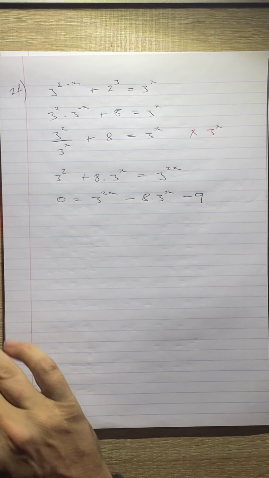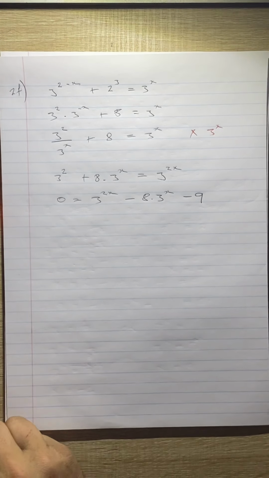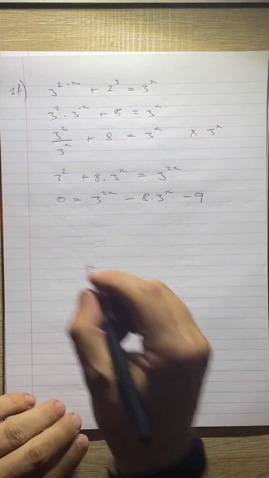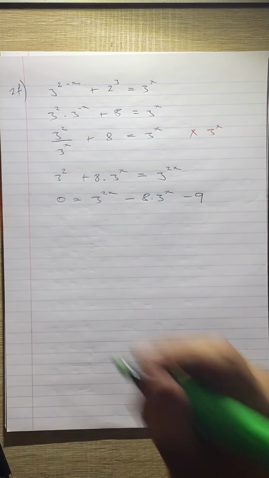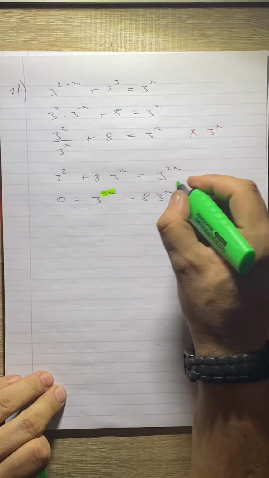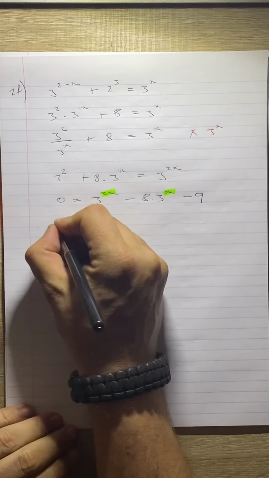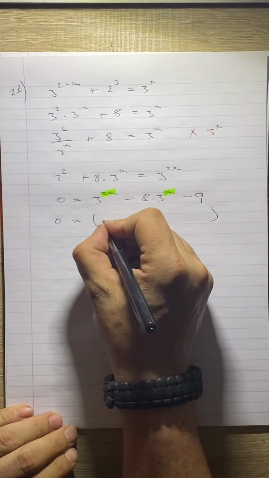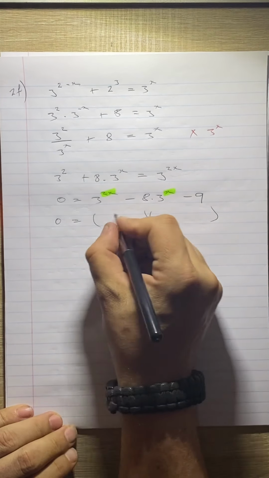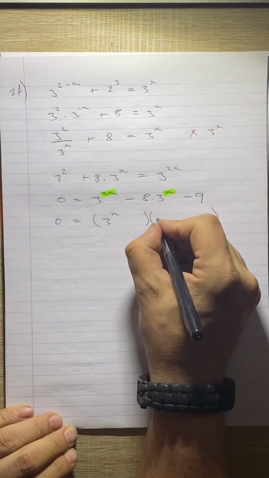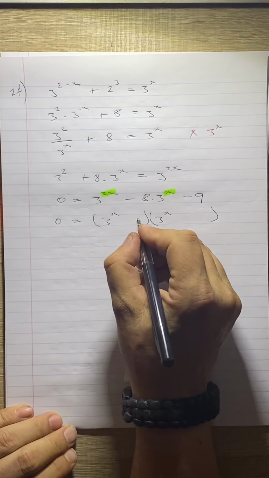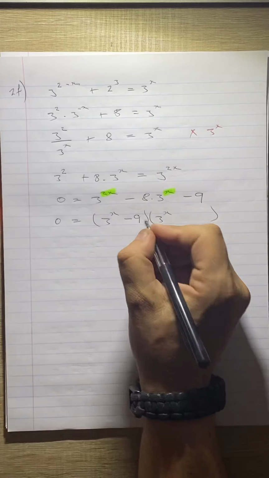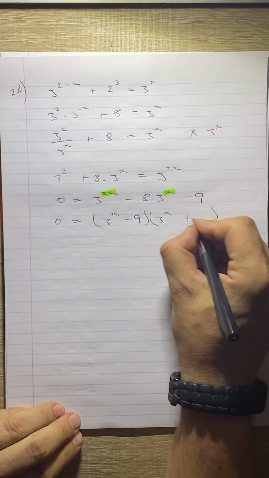Okay, so we've got a trinomial now, and we can factorize that trinomial because one power is double the other power. So if we factorize this, half of this one will give us that. So we get 3 to the x, 3 to the x, and we get minus 9 and plus 1.